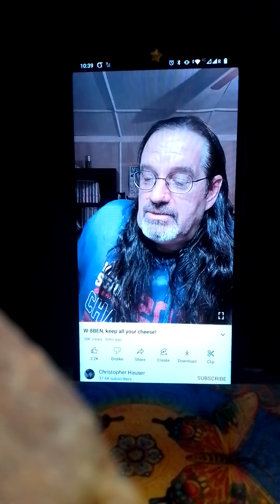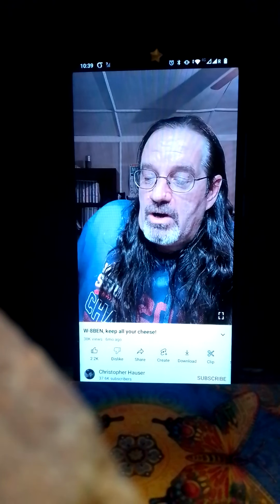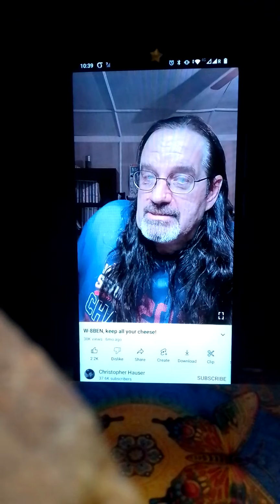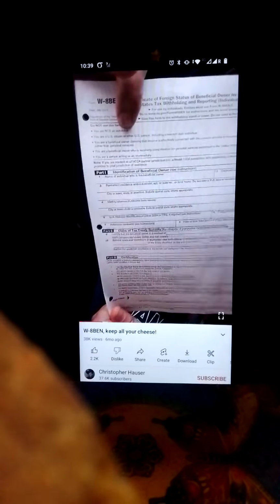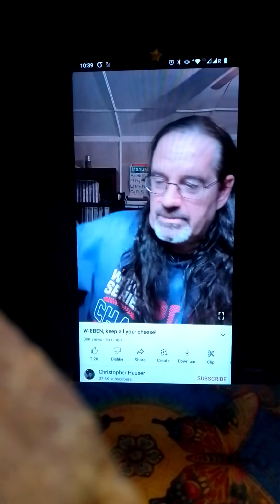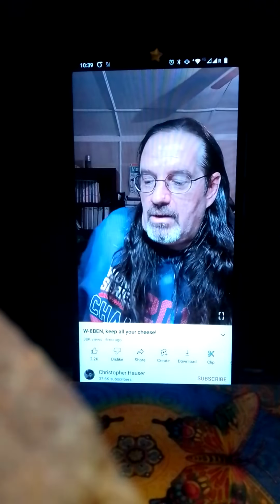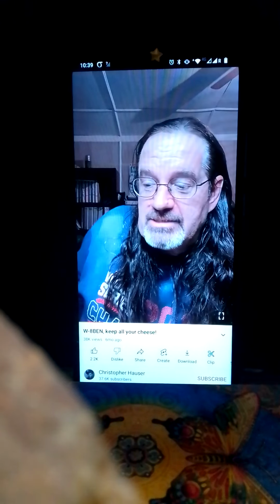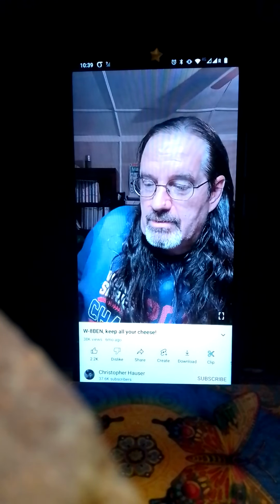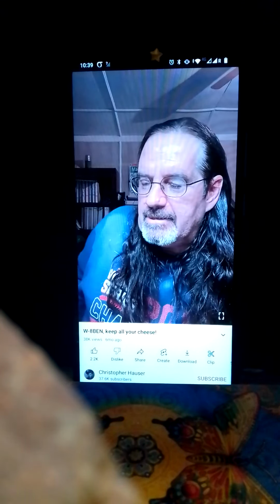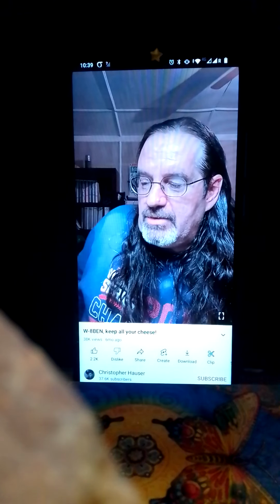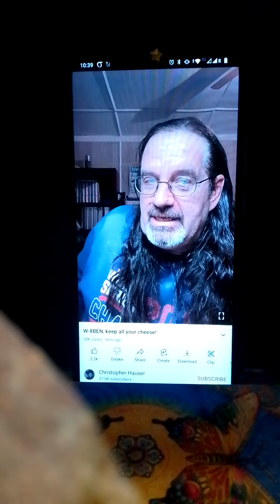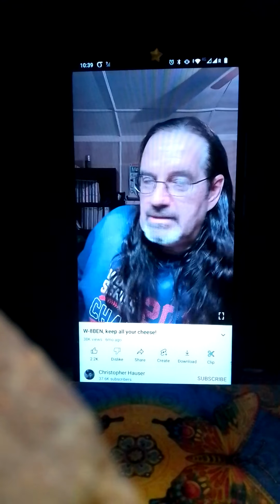It says, do not use this form if you are a U.S. citizen, lowercase citizen, okay? We talked about this in a previous video. Or other U.S. person. I wonder what the difference is there. Including a resident alien individual.